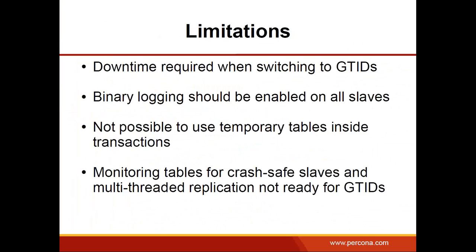So you will not be able, for instance, to move slave number 1 to GTIDs, then move slave number 2, then slave number 3, and when it's done, promote one of the slaves to be the new master. That won't work. So it's all or nothing, and that may be a bad thing depending on your application.